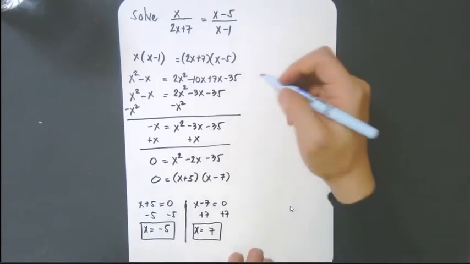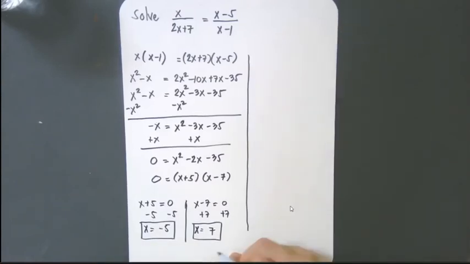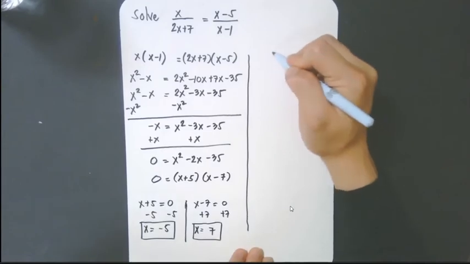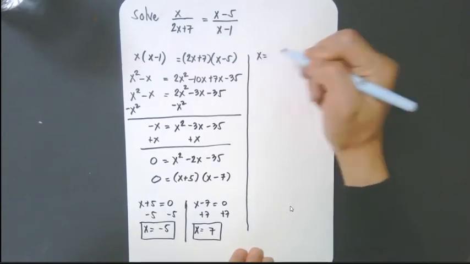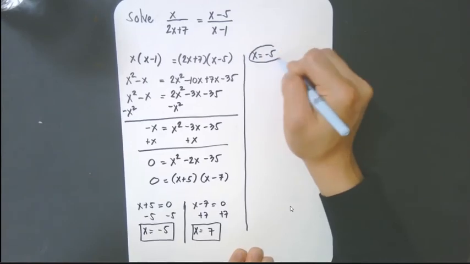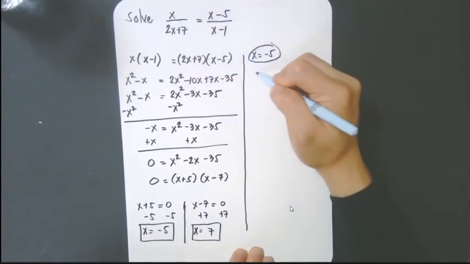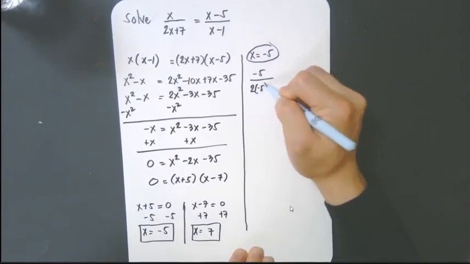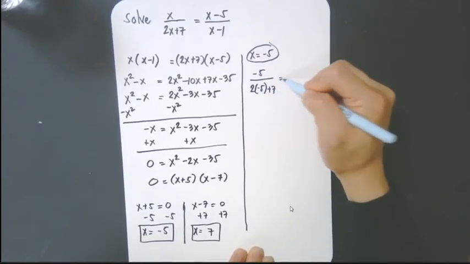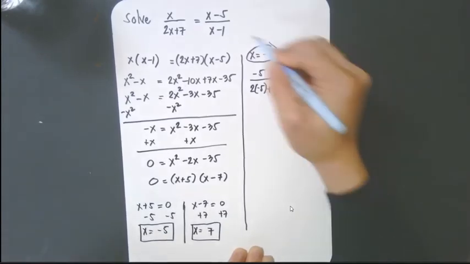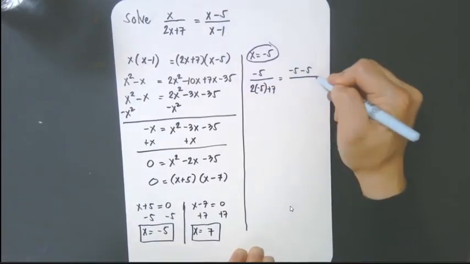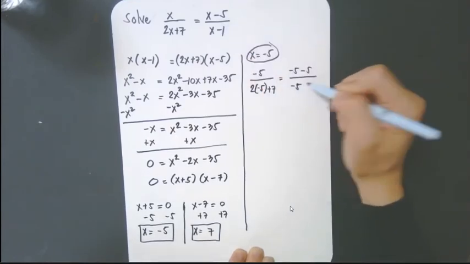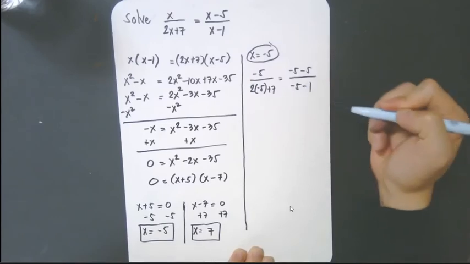Now to check your answer, you want to plug in your values to your original equation. Let's try x is equal to negative 5 first. So let's plug in there. I have negative 5 over 2 times negative 5 plus 7 is equal to negative 5 minus 5 over negative 5 minus 1.